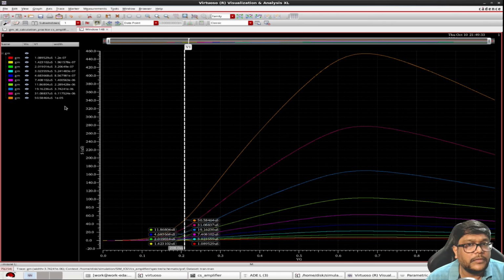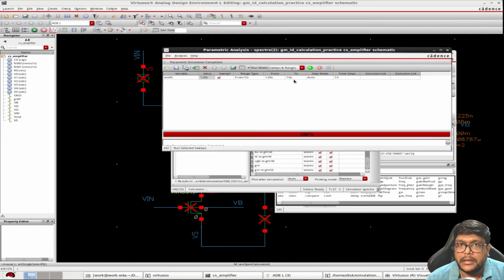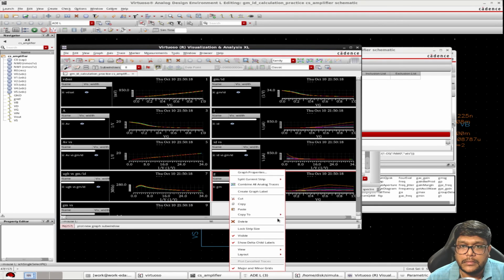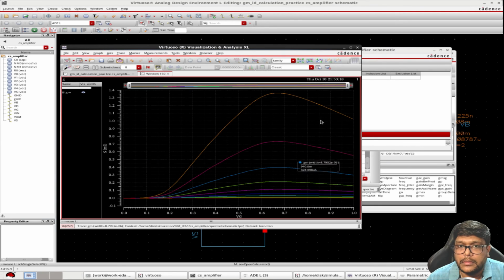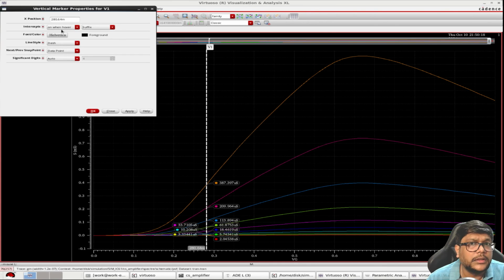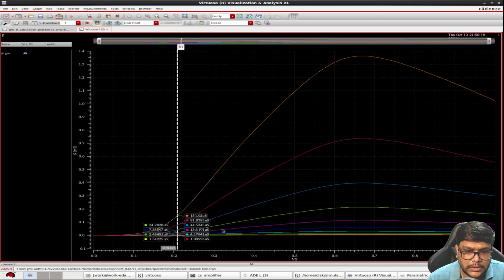So what I can do, I can increase. Let me take it to 20 or 30. Let me run it. And same at 208 millivolt, I'm getting 81.